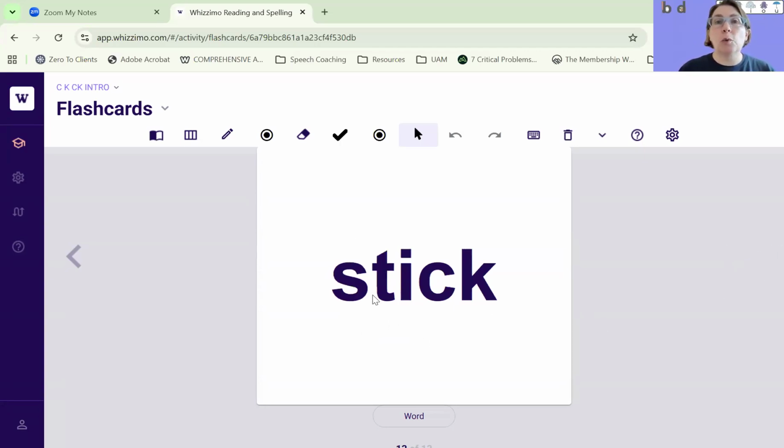And one more, the word is stick. We spell our sound with CK because it's after a short vowel, I. So, at the end of a word, when we have our target sound, we use a K after consonants. We use a CK after short vowels.